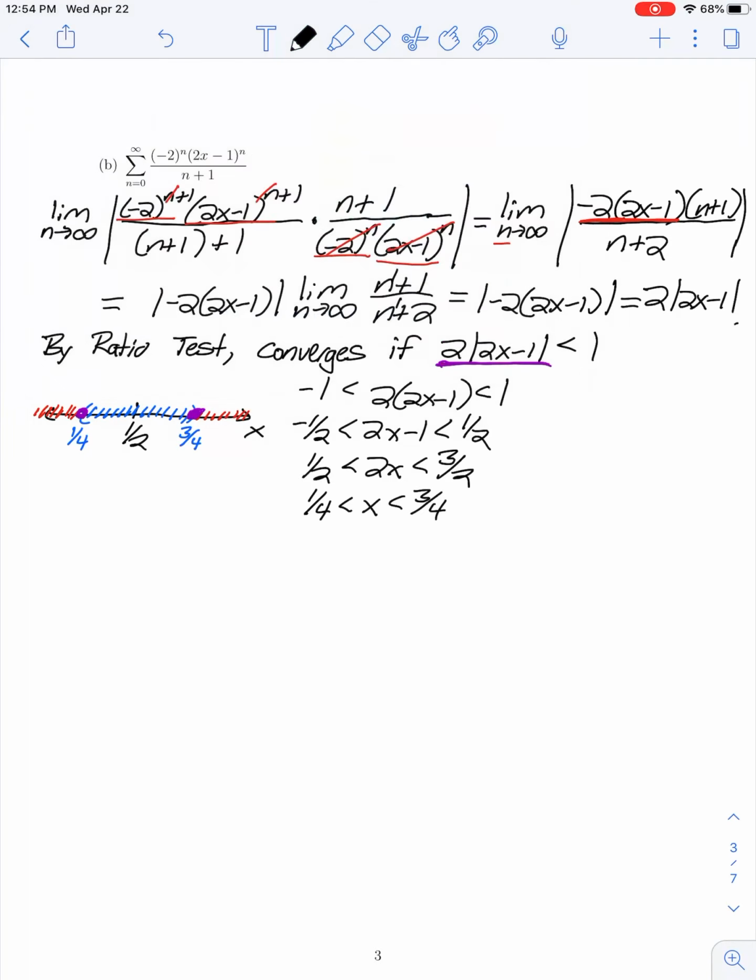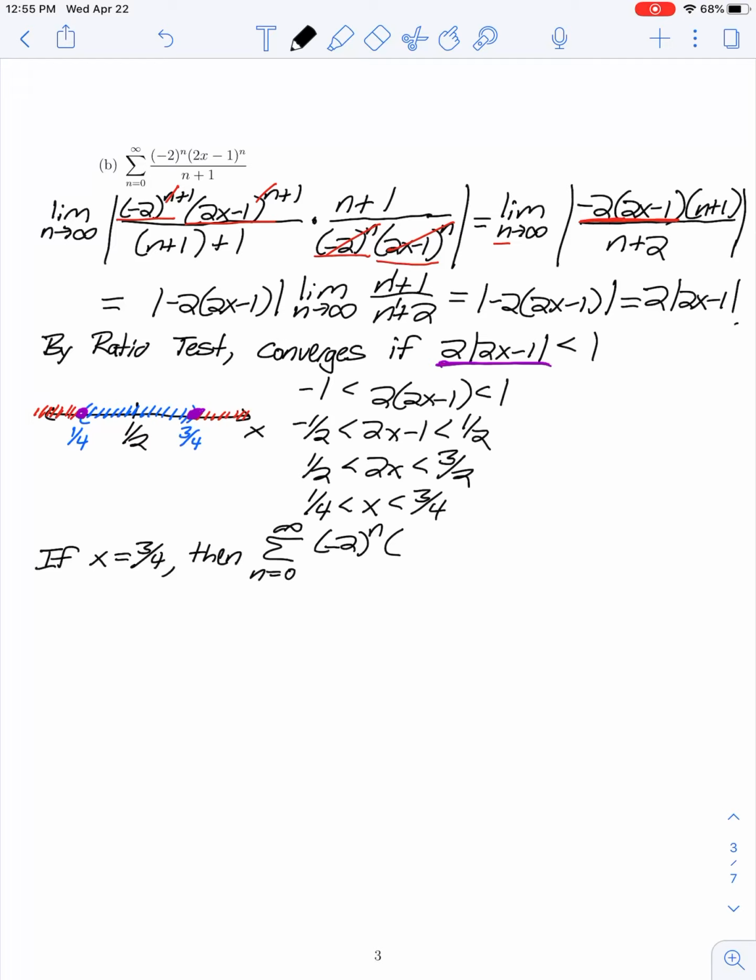So as with the last example, let's look at our right endpoint. If x is equal to 3/4, then let's see what we have for our series. So we have the sum from 0 to infinity of negative 2 to the nth times 2x minus 1.